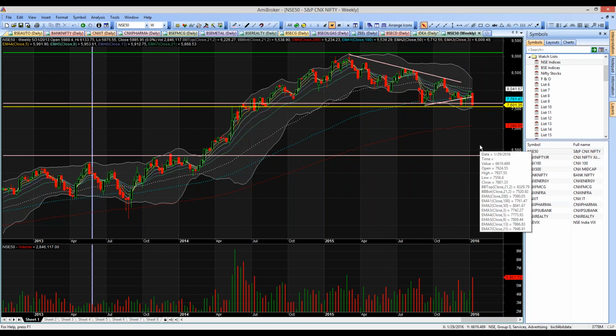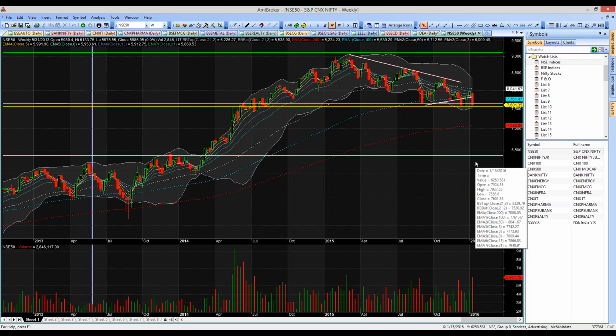So 7,600 is now a very important support for the market. By the looks of the raw chart, the volume and the trend, we are certainly headed further down in the coming week. 7,600 would be the critical level to watch, and we'll just have to see how that pans out in the week ahead.